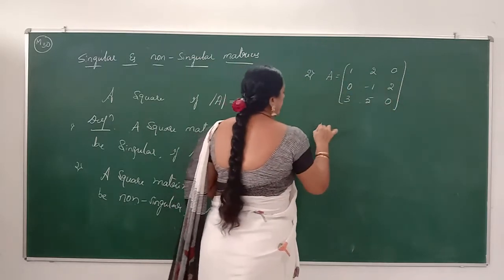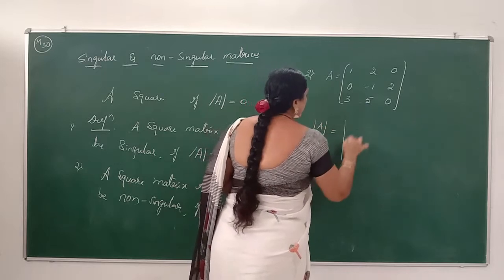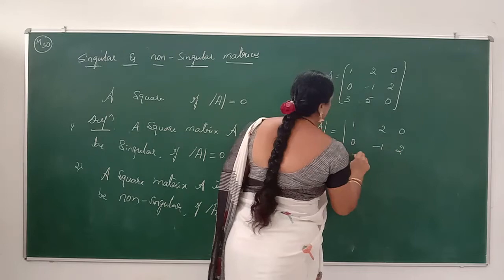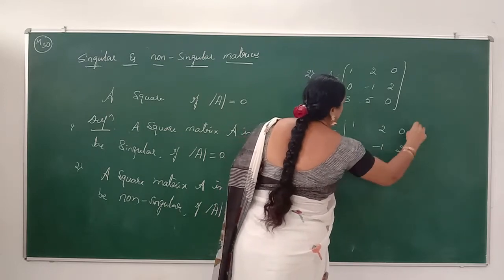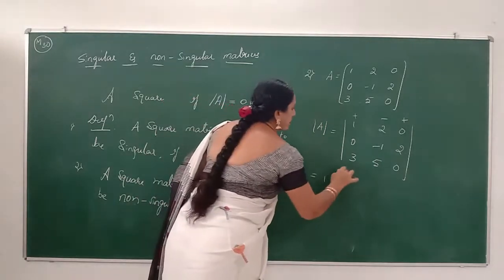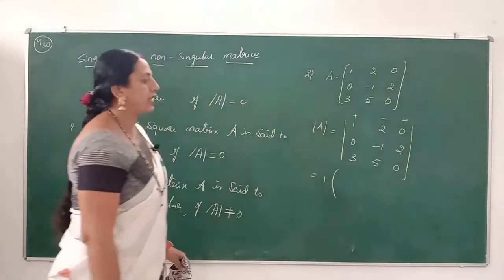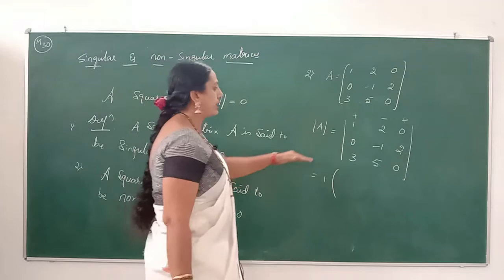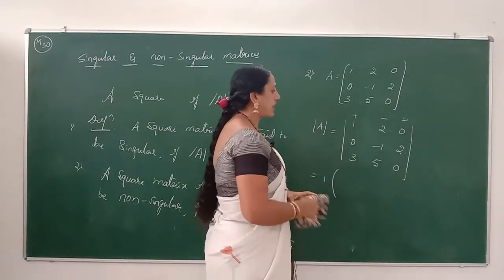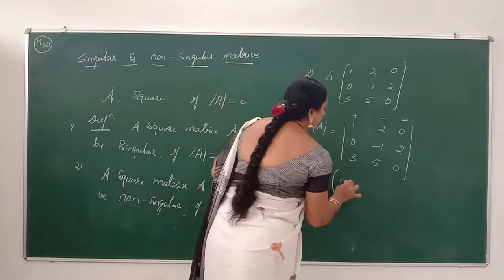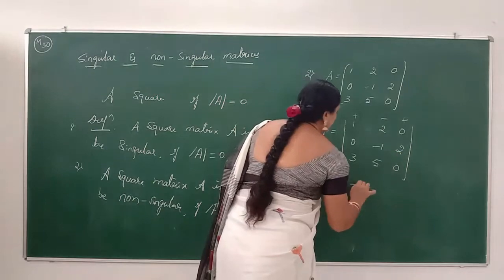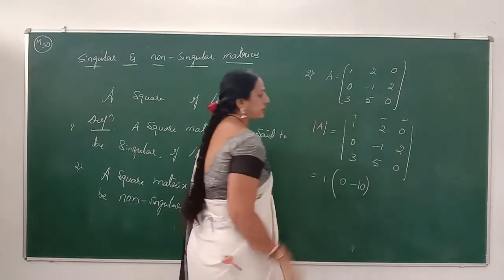We simplify with the alternating signs. Plus 1 of, where 1 is an element of first row, first column, and these elements are neglected. The remaining are cross multiplied: left diagonal is 0 minus right diagonal, 5 into 2 is 10.